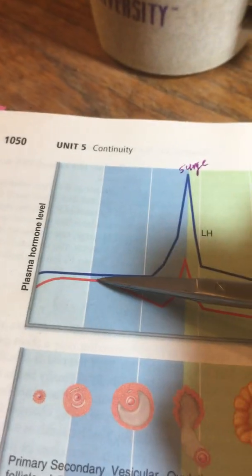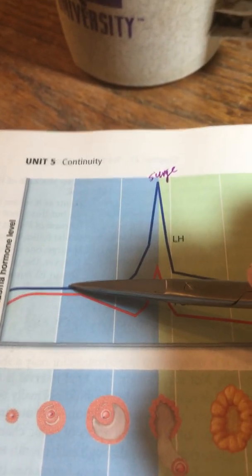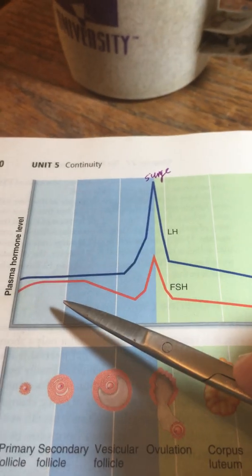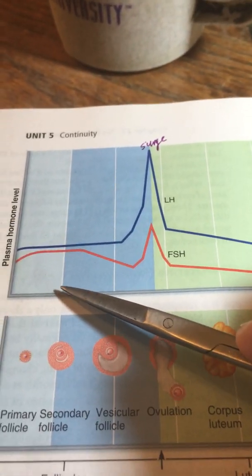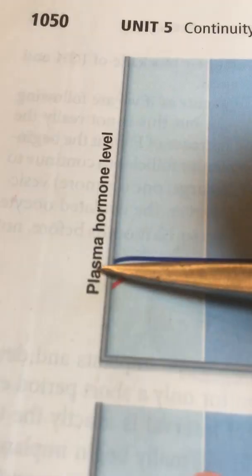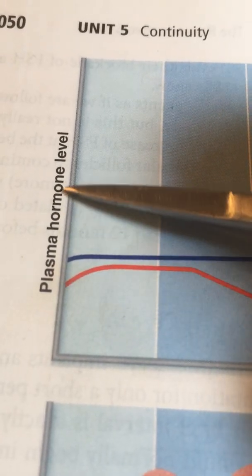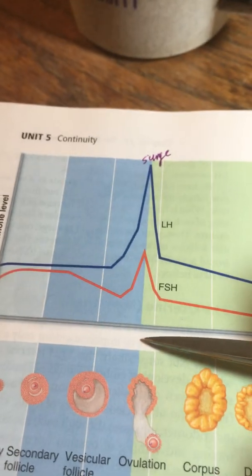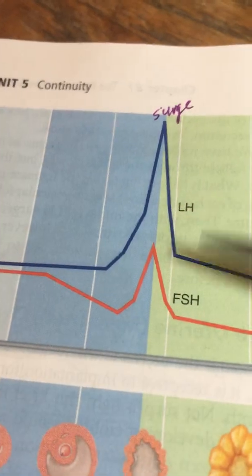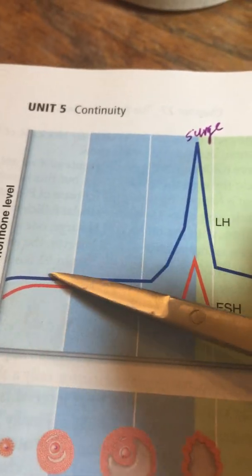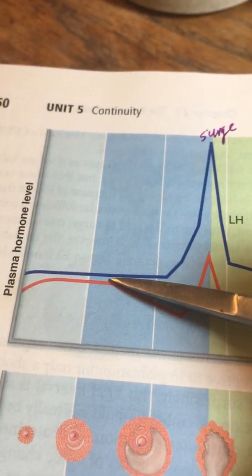And so I might spend more than one part here trying to rectify in our minds what's going on. Here in this first graph, which is mapped onto the 28 days, we have the plasma hormone levels. And you'll notice that LH and FSH are present here more or less in equal parts at the beginning.